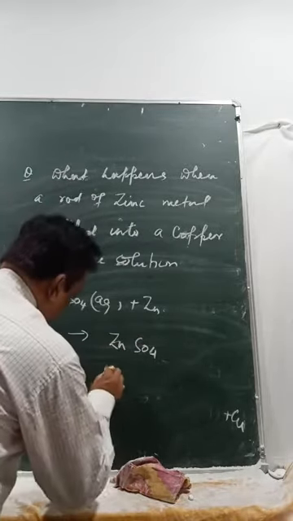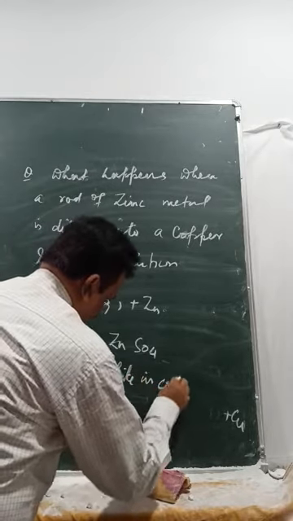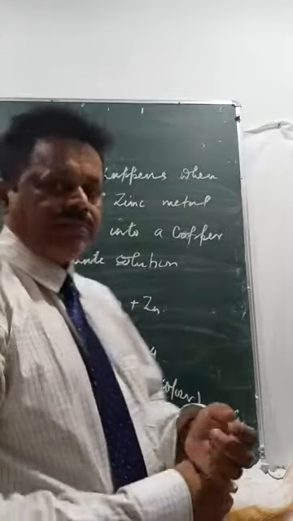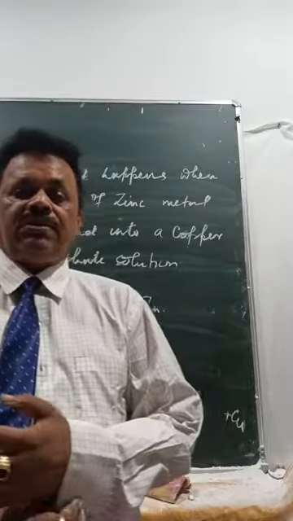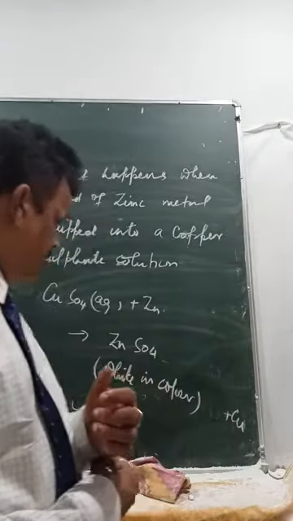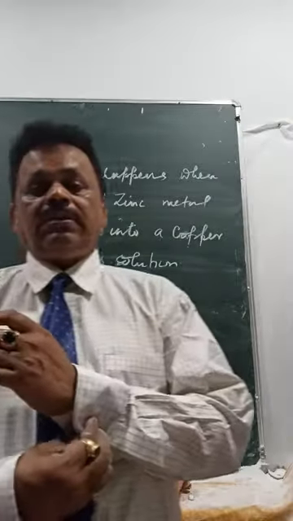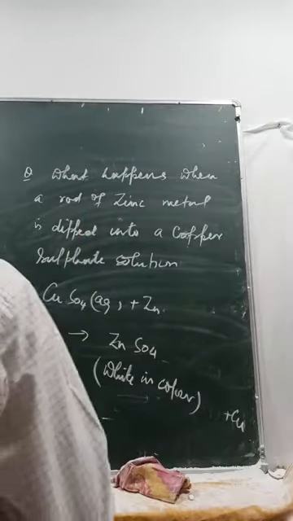Remember, this is white in color. This color you have to remember. Someday the person comes, write the color of zinc sulfate, write the color of copper sulfate. So this is very important. Should remember. At last I will write down the chemical compounds and its color. So now, what do you find? Plus copper.